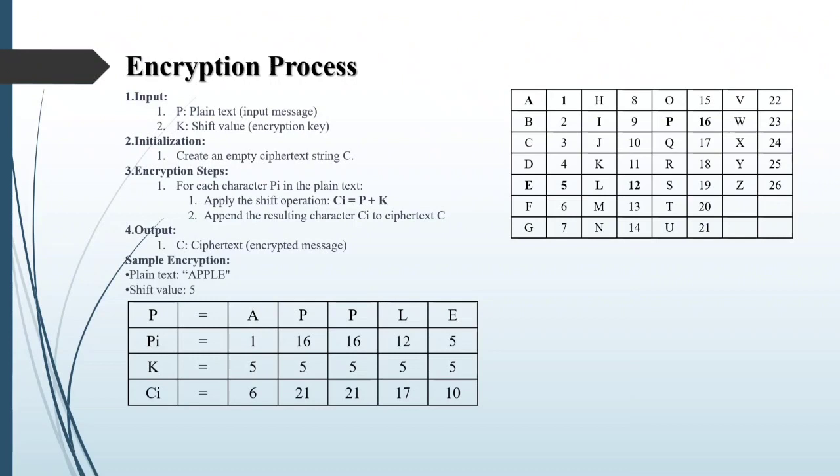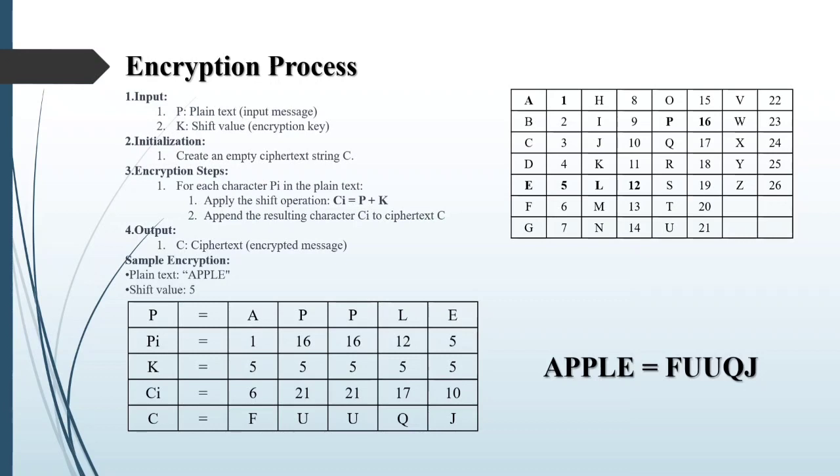Now we have the cipher text index values. Now we find the letters for the index values, and we get C equals FUUQJ. So the word APPLE is encrypted as FUUQJ.